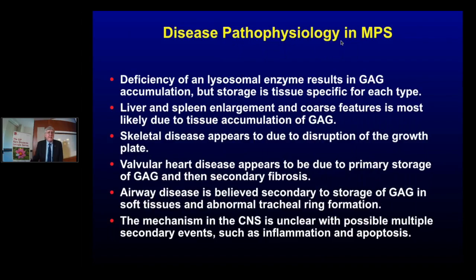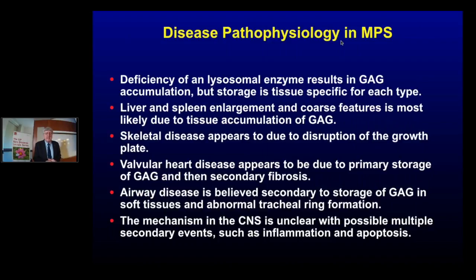So what's the disease pathophysiology in the MPSs? The deficiency of the lysosomal enzyme results in GAG storage, but the storage is tissue-specific for each different type. The liver and spleen enlargement and the coarse facial features you saw are really due to the tissue accumulation of the GAGs.